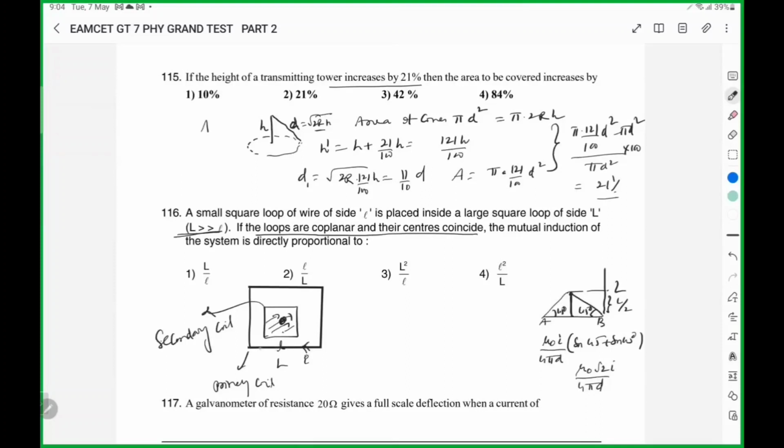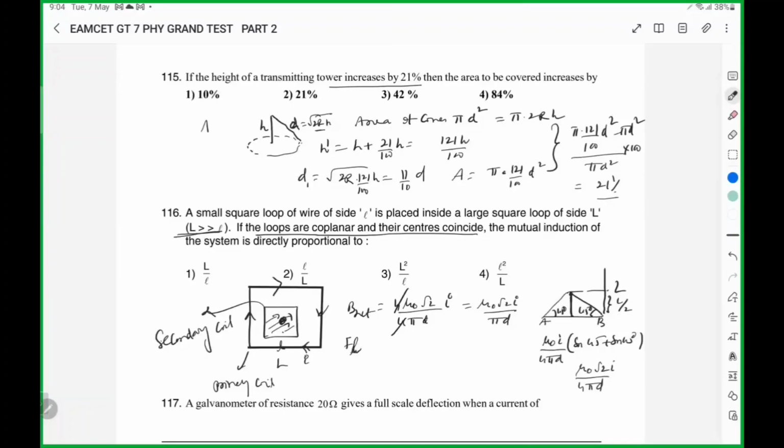Like this, through this, again through this and through this. So the net magnetic field will be 4 times mu naught root 2 I by 4 pi d. So here we got mu naught root 2 I by pi d.